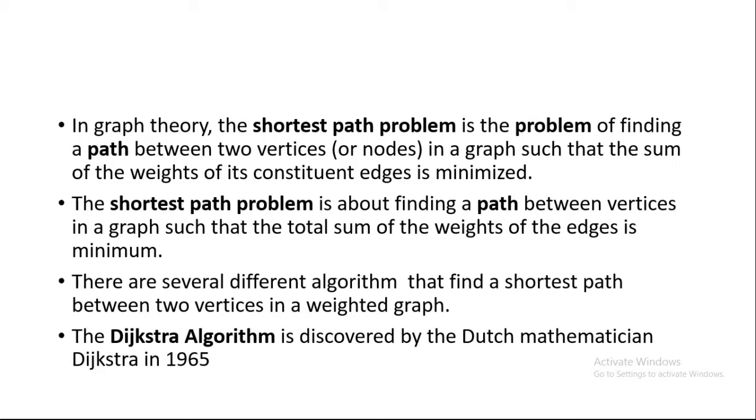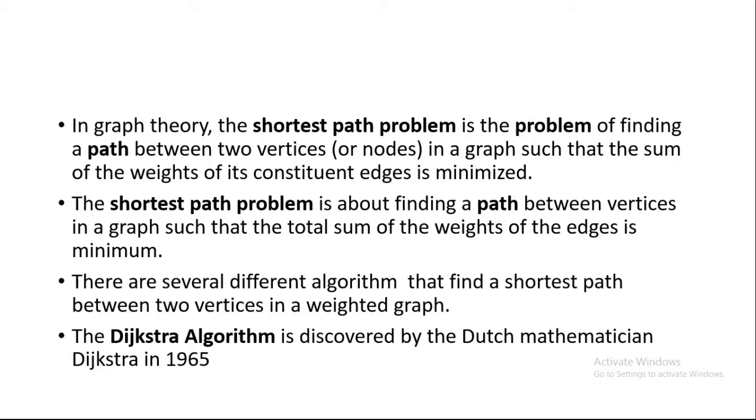There are several different algorithms that find a shortest path between two vertices in a weighted graph. There are many algorithms, but Dijkstra's algorithm is particularly used to solve the shortest path problem.